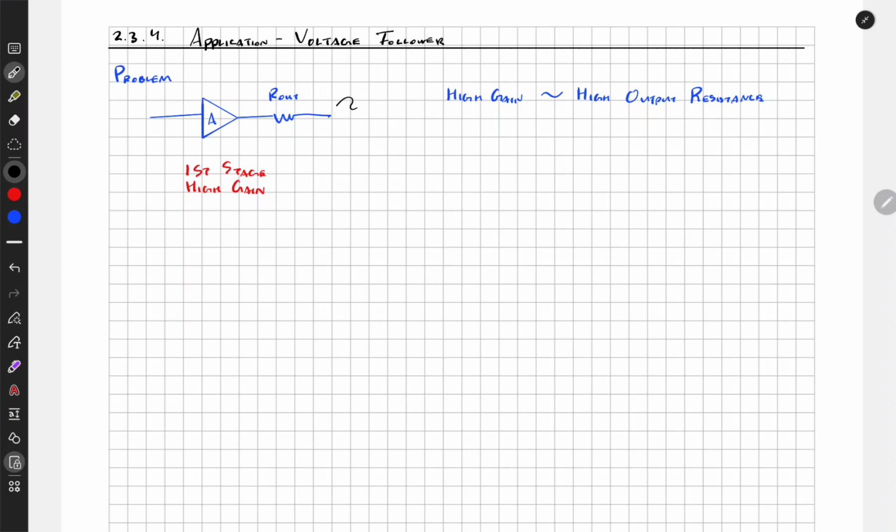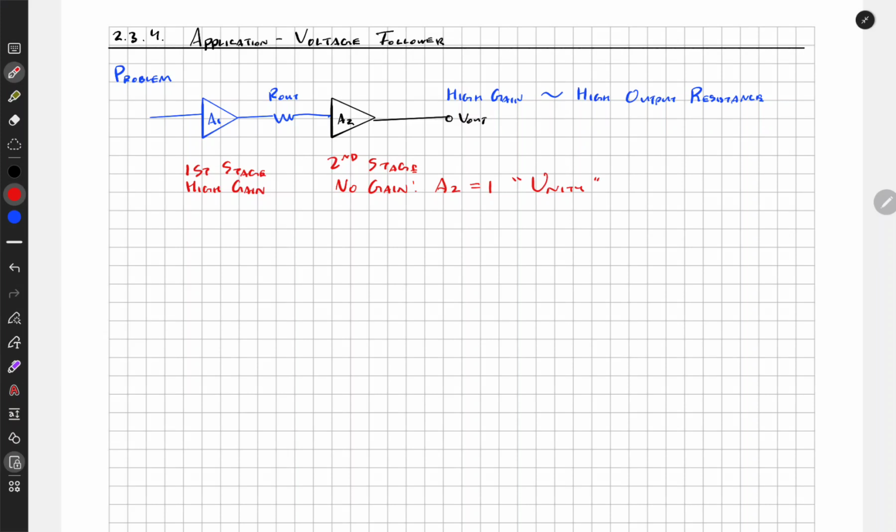And then we connect it to a second stage, and it has no gain. No gain means this A2 is equal to 1. Another name for that is unity.